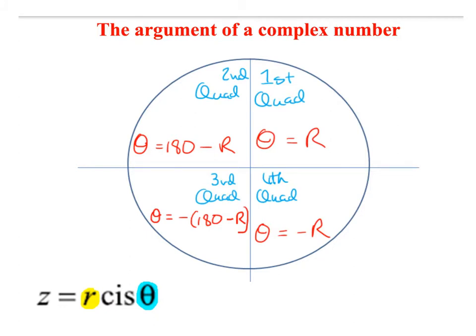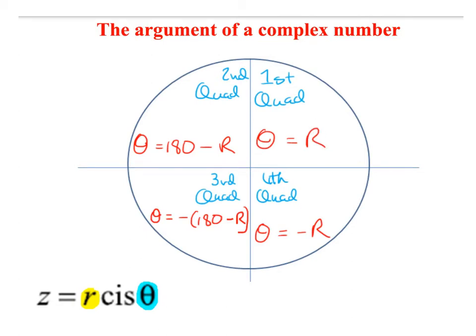Just a reminder: the argument of a complex number is the angle that the complex number makes with the positive side of the real axis. If our complex number lies in the first quadrant, then to get theta we just get the reference angle, so we just use TOA.